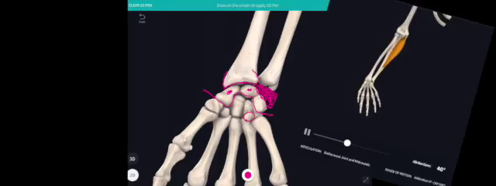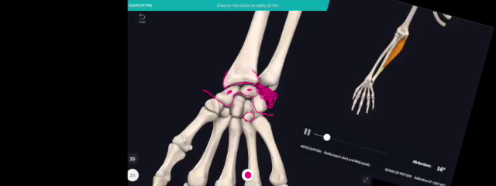It's not the entire proximal row of carpals, because here we have a huge open space. But because we have this, we have a much greater motion when we do ulnar deviation, which is, if you are in the anatomical position, bring your pinky towards your body.